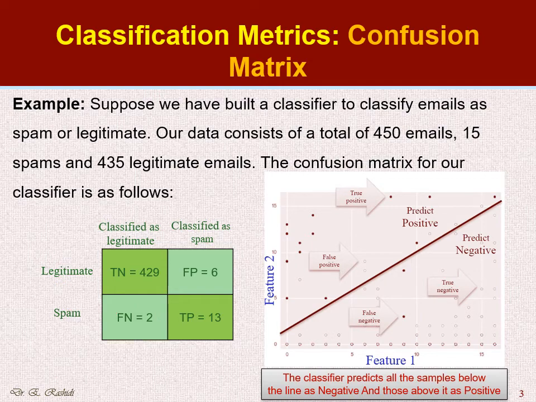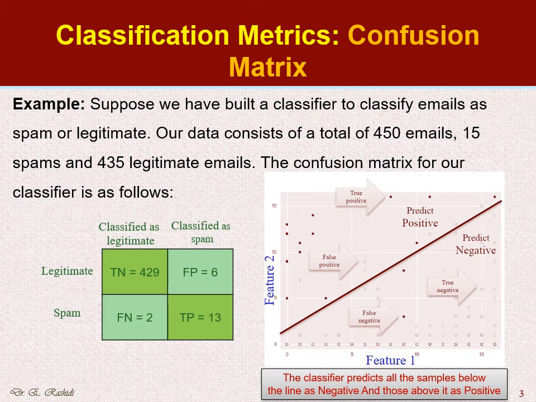The next is true positive. So these are true positives here. If you count these solid circles, red circles above these lines, these are true positive, which there are 13. Having this confusion matrix, now we can actually find the accuracy score. So the accuracy score is the percentage of correct predictions, or the number of correct predictions versus the total number of predictions.